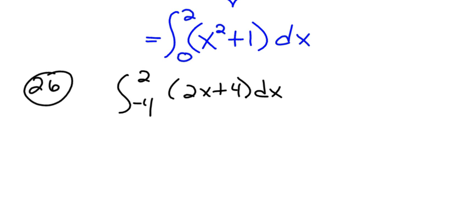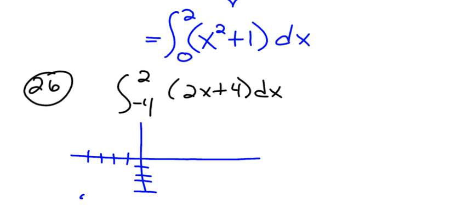So from here, if I was to graph this function, my graph is a little off scale. But I have this, and you can see I'm above and below the x-axis.